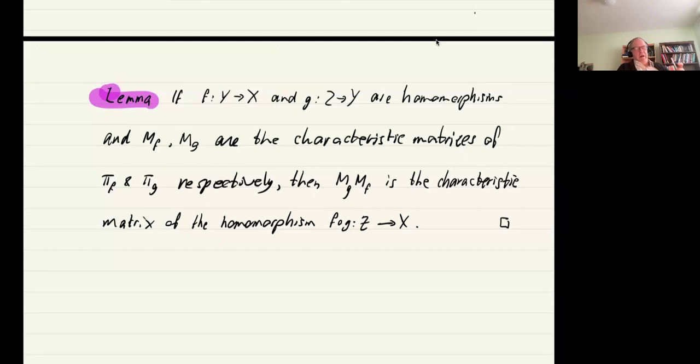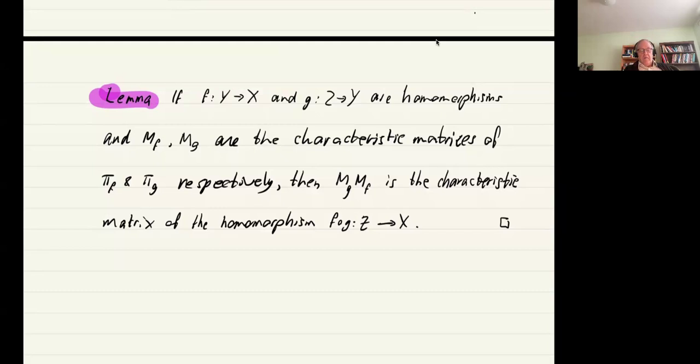Now, there is some stuff about categories in the notes. I don't claim to be an expert in categories, and I'm not going to force you to go through it at all, but I'm going to use the language from time to time, and it gives you a guide as to what you might try and prove, what you might ask. But the point about categories is you have the functions between graphs, and you can compose them. Now, the requirements are that the composition should be associative and that there should be an identity map. But we won't worry about that now.